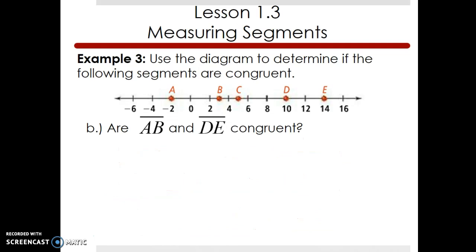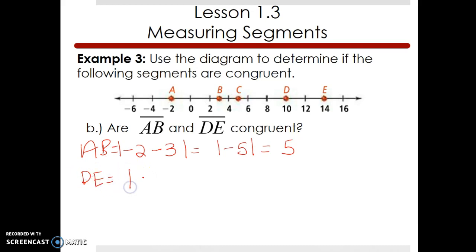AB and DE, are they congruent? AB is -2 minus 3, which gives you -5, the absolute value of -5, which is 5. And then DE equals, D is 10 minus 14, which gives you -4, which is 4.